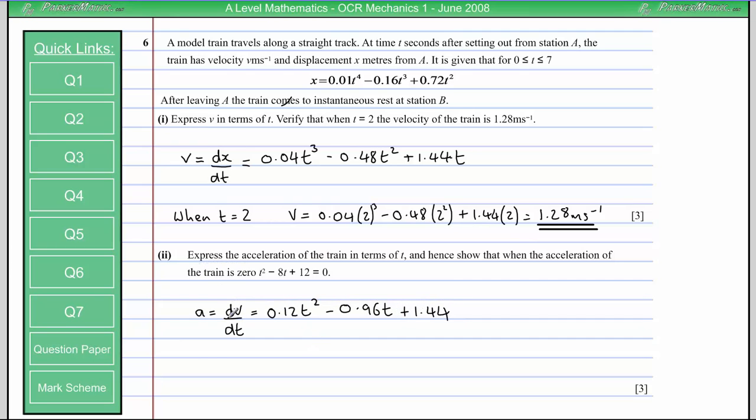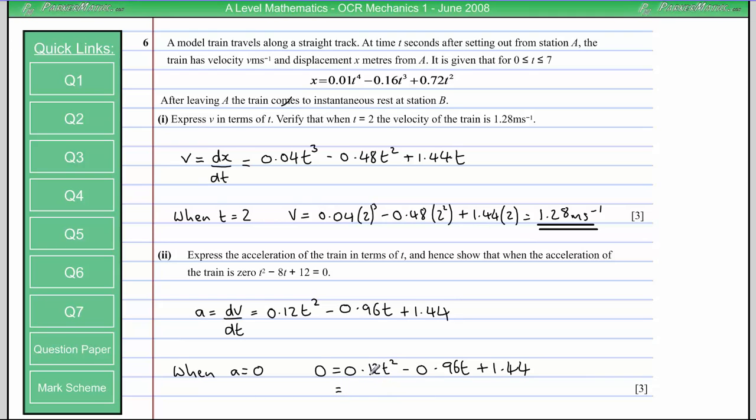We're interested in when the acceleration of the train is 0, so when a equals 0, we're left with 0 equals 0.12 t squared minus 0.96 t plus 1.44. We've almost got the expression we started with. We've got a quadratic, but it's not got the same coefficients yet. To get them, all we need to do is divide by 0.12.